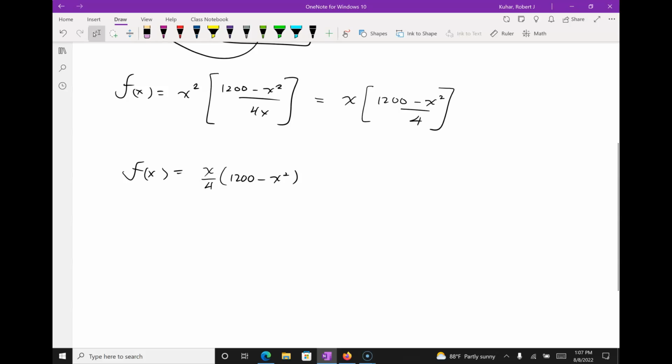Step 3, everybody okay here? Don't let me go too fast. Step 3 is find the derivative, find the criticals. Looks like I've got a product rule here.